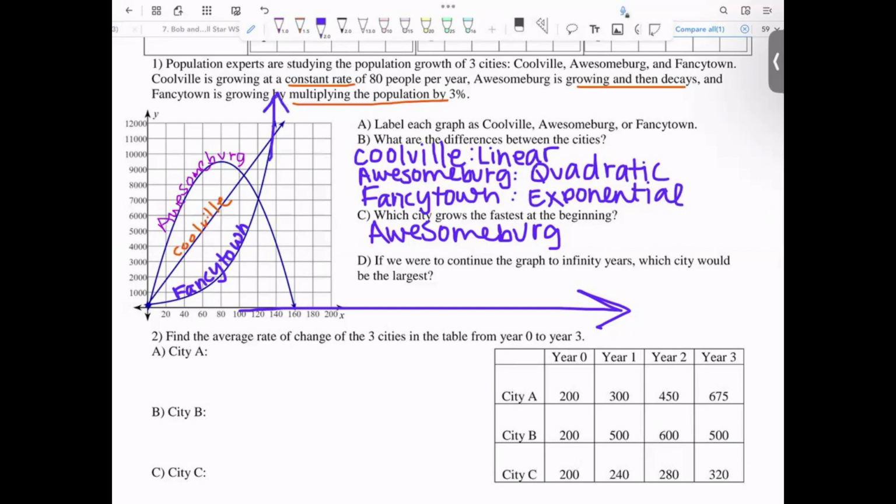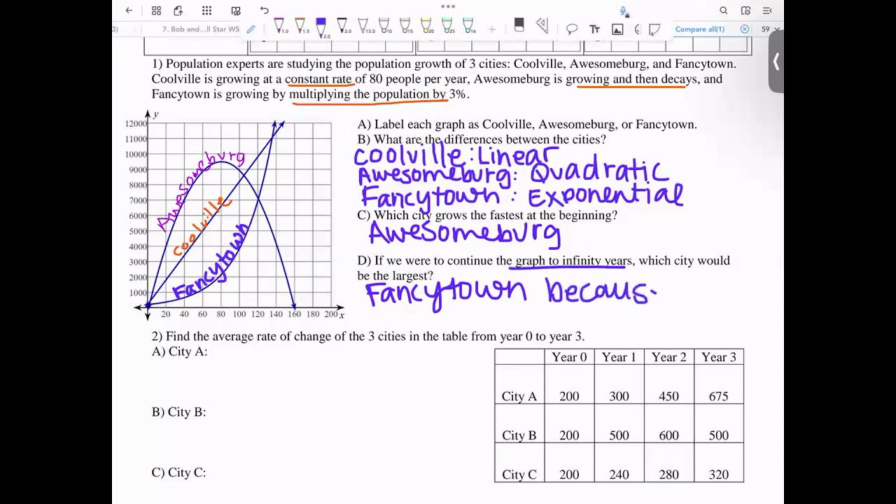And this is what's always going to happen with exponential. Exponential is always going to eventually pass every other type of equation. So Fancytown will be the largest over time. So if we keep going to infinity, because it is exponential, and exponential will always surpass every other type of equation.